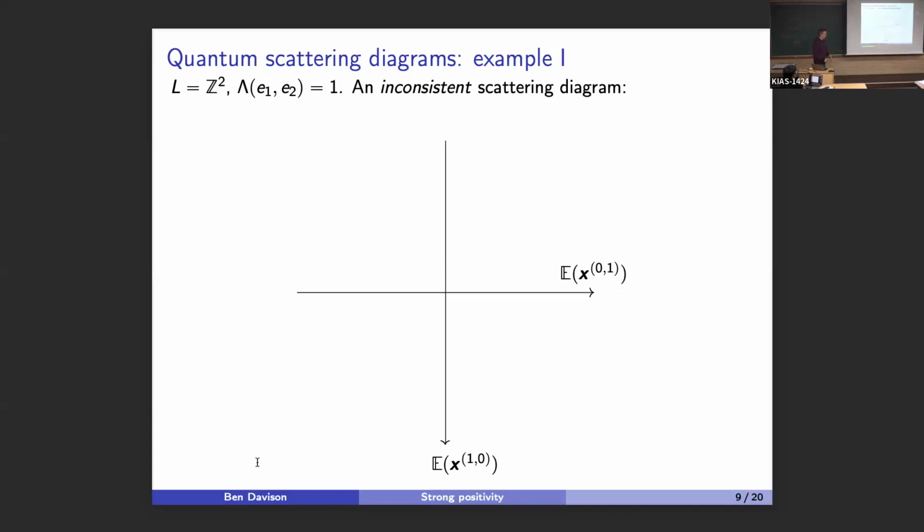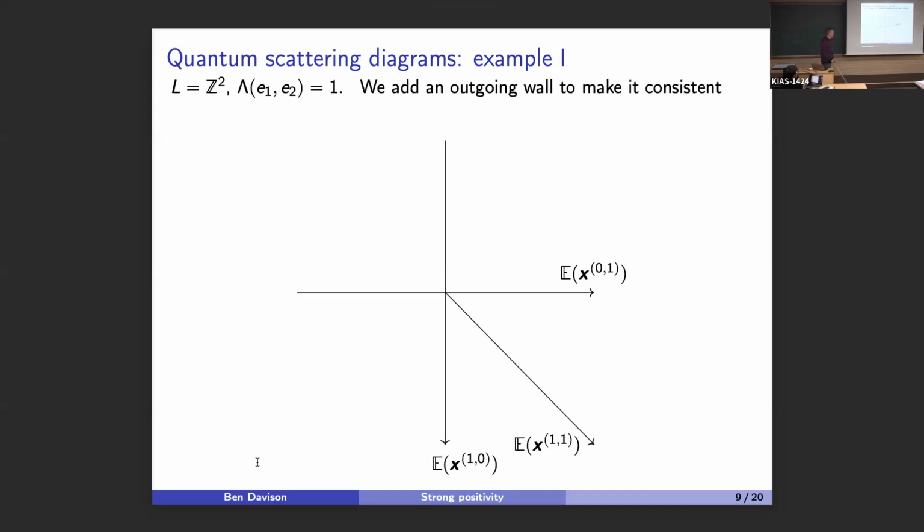Those 2 ways of multiplying those 2 walls together, given by the 2 orderings, are not the same. That's because I'm working in a mildly non-commutative quantum torus. So this is called inconsistent because different ways of getting from A to B result in different things.